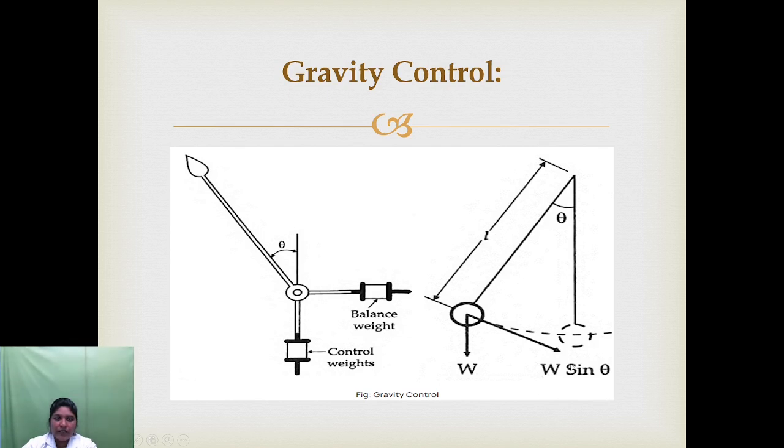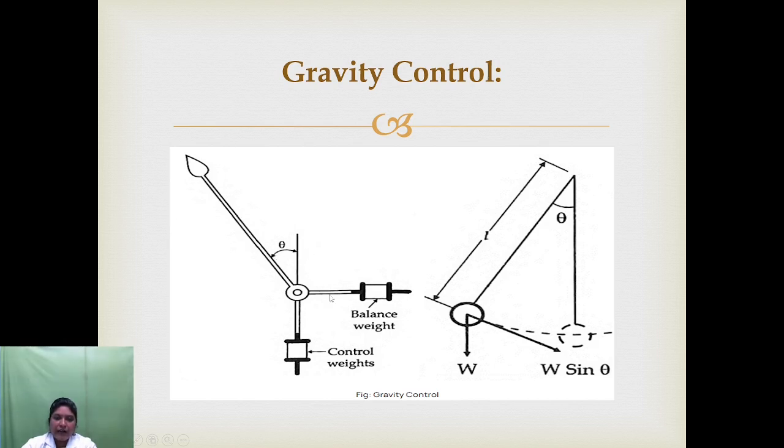So what is the thing here? In gravity control, it is non-uniform. In this case it is non-linear, so the scale will be designed non-linear. This is the drawback in gravity control. Another drawback is that the instrument should be mounted vertically, because the control weight acts downwards in a vertical position.